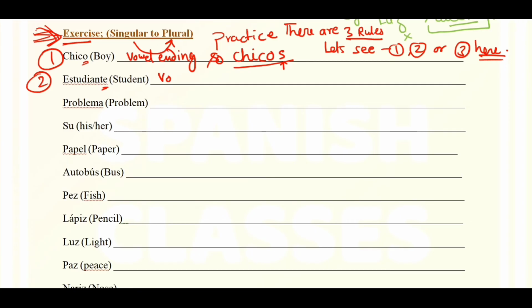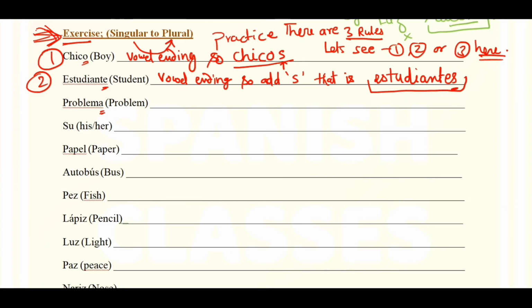Second, again we see this is also a vowel ending noun. We have to simply add s, nothing else. For example, estudiante becomes estudiantes. This is plural. We have added s only.